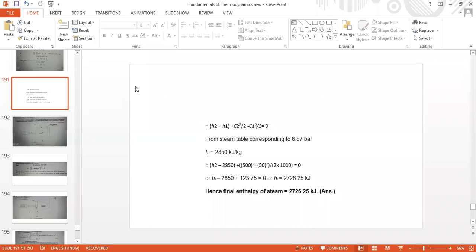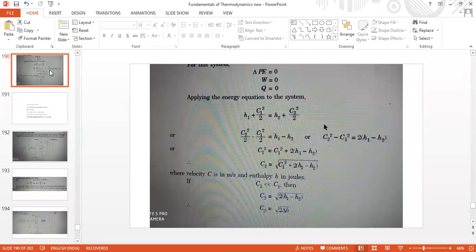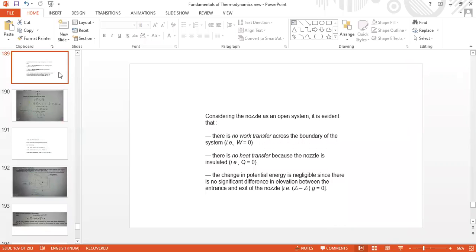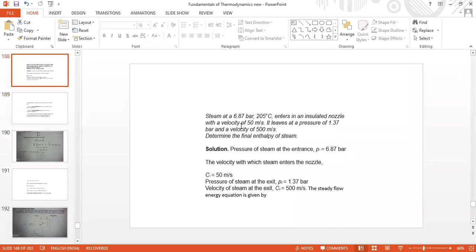What is the C2 value here? See here, the steam exits at a velocity of 500 meter per second, and enters with a velocity of 50 meter per second.